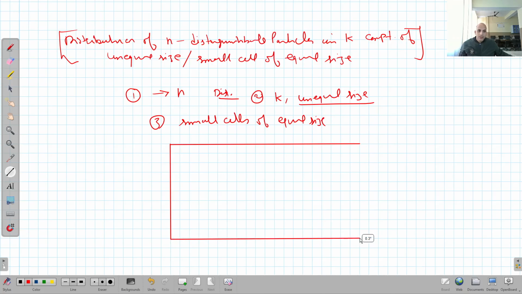But the thing is clear that we have a three-dimensional box. I'm going to divide this area into small compartments of unequal size.